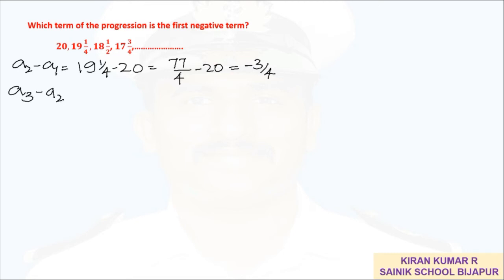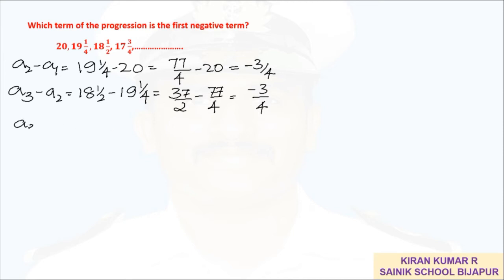A3 minus A2 if you do, it is 18 1 by 2 minus 19 1 by 4. Upon writing in improper fractions, it is 37 by 2 minus 77 by 4. We get it as negative 3 by 4 because 2 multiplied to 37 is 74, minus 77 we get negative 3.